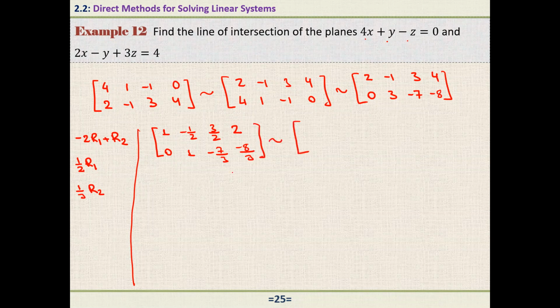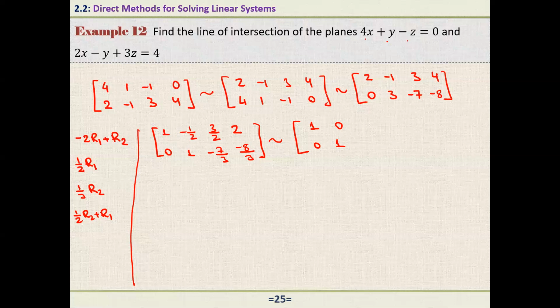Right? Now I should multiply the second row by 1 over 2 and add it to the first row. That is 1 over 2 times R2 added to the first row. So I want to have 0 here. So here we have 1, here we have 0, here we have 0, here we have 1. And the other calculations we should do: 1 over 2 times minus 7 over 3, and then we add it to 1 over 2.